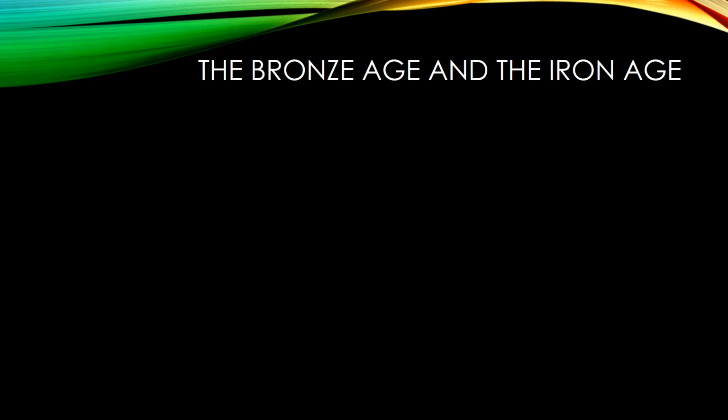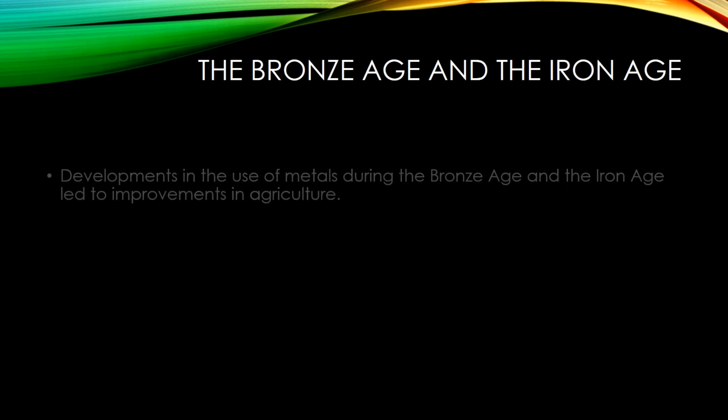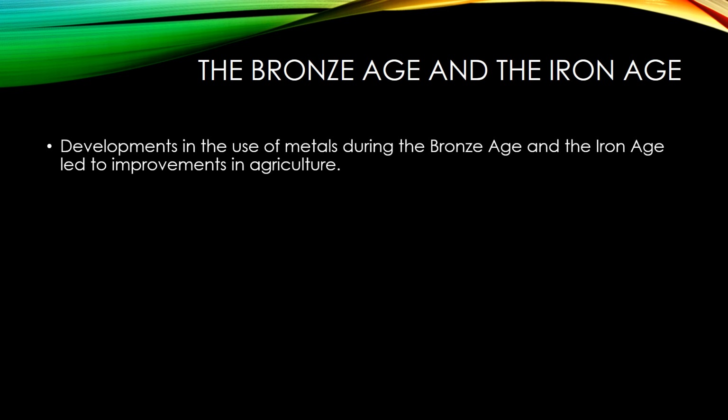Now let's transition just a little bit out of the Stone Age into the Bronze and the Iron Age. Developments in the use of metals happened during the Bronze Age and the Iron Age. This led to improvements in agriculture.